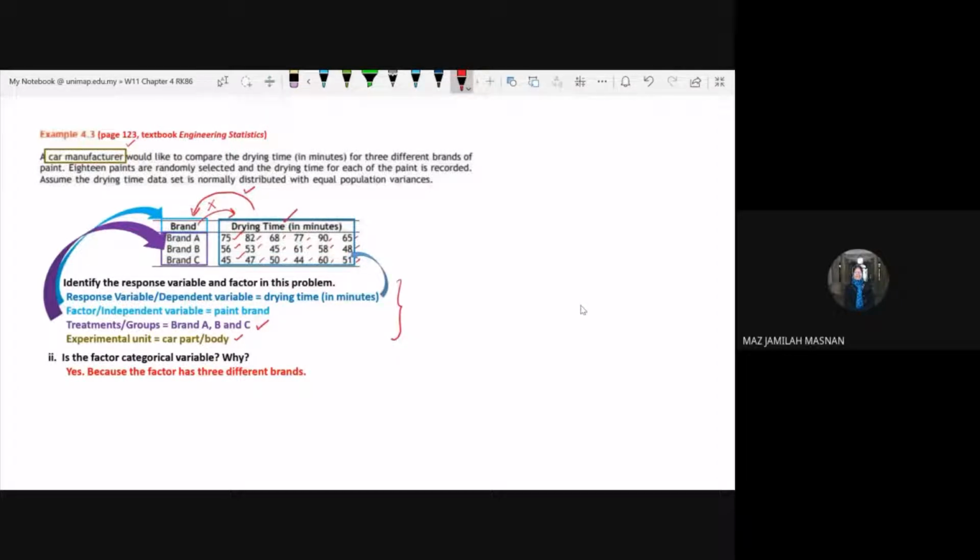Okay, so is the factor a categorical variable? Why? Yes, if you look at the first page of your ANOVA notes, we have it mentioned somewhere that the factor must be in categorical form, because we have treatment levels, and those treatment levels are based on the factor.